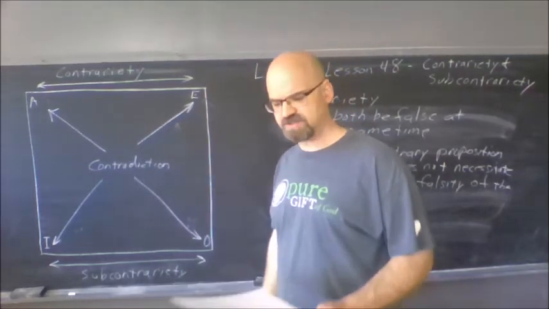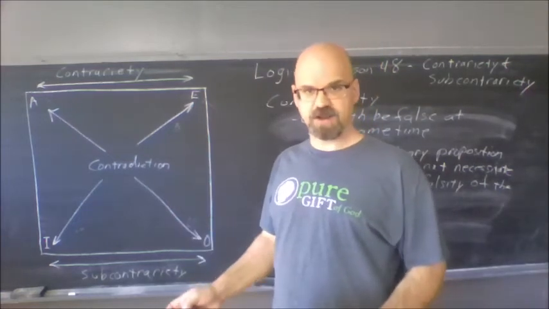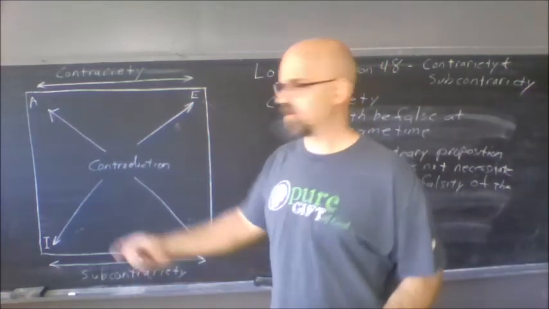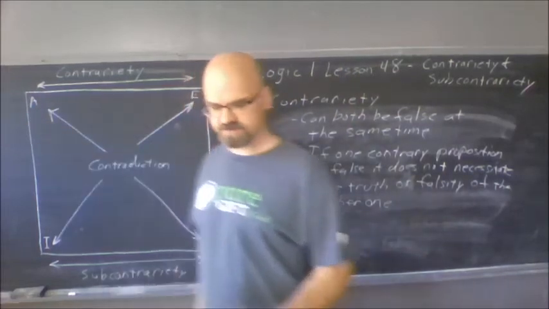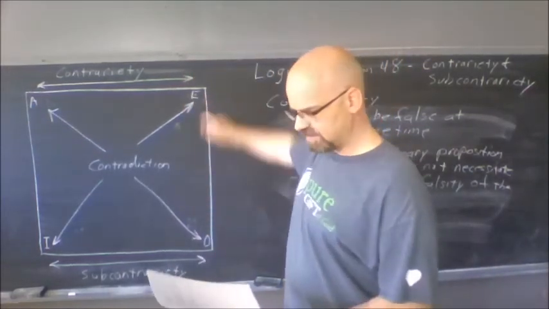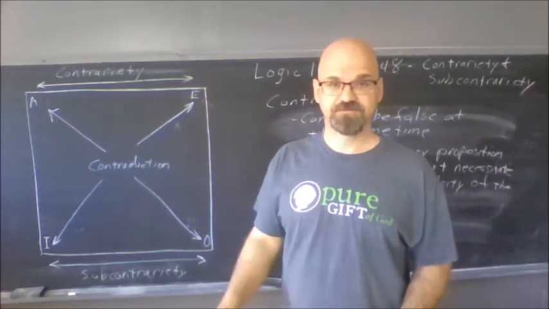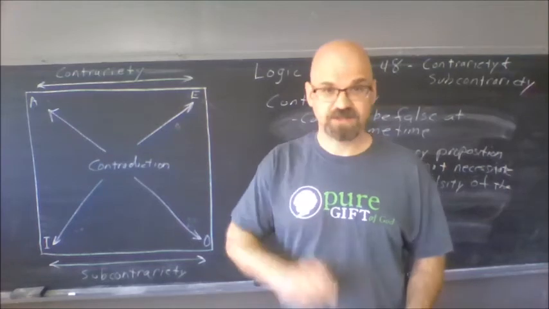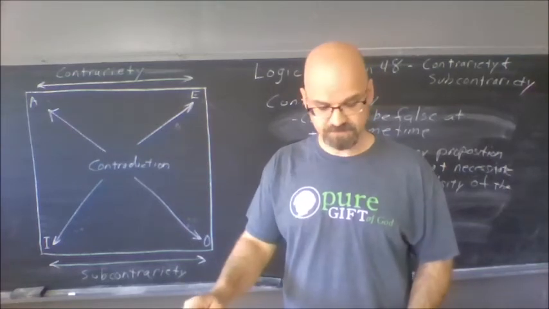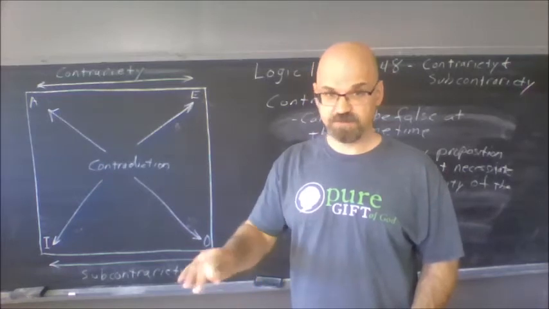A couple more examples. If I say all birds are hummingbirds, that's a false statement, right? Okay, that's false. And then I say the E statement, no birds are hummingbirds. Is that true? No, that one is also false.